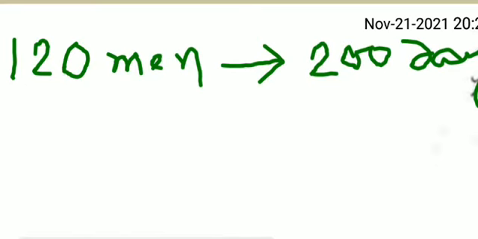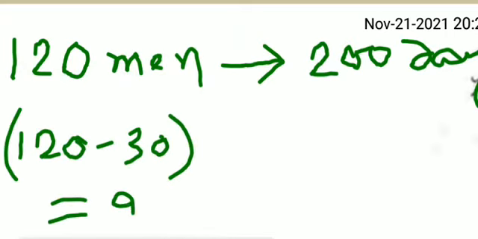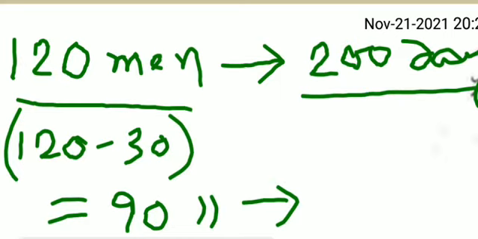So the remaining men will be 120 minus 30, that means 90. 90 men are there. So 120 men had provisions lasting 200 days, but in these 5 days they already used the provision. So after 5 days it will be 200 minus 5, that means 195 days. So the remaining food for 120 men will last for 195 days.